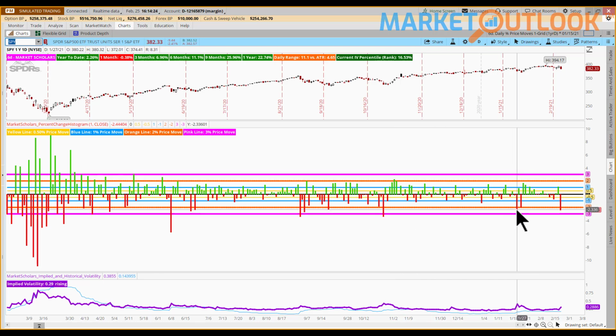This day might have been close. This was January 27th, and it looks like we were down 2.44% there. So actually this one on January 27th was slightly worse than what we saw here today for the S&P 500. So maybe not quite as bad for a broader large cap index like the S&P 500.